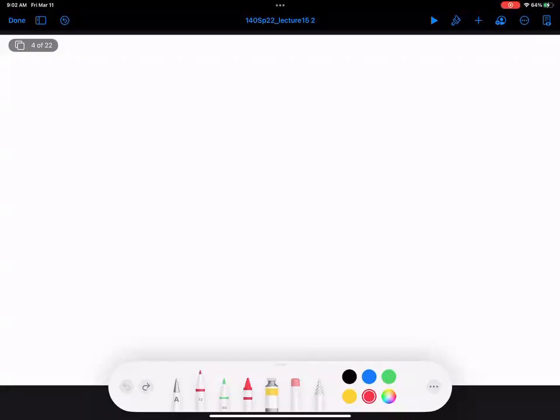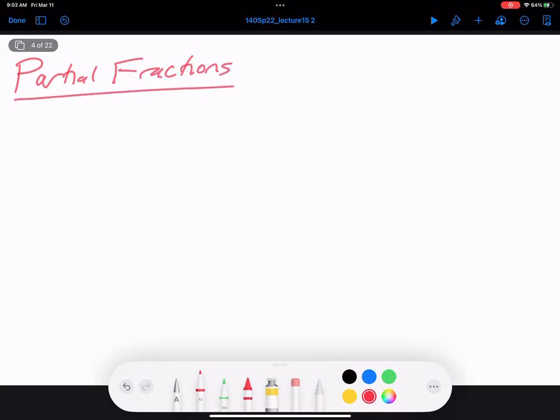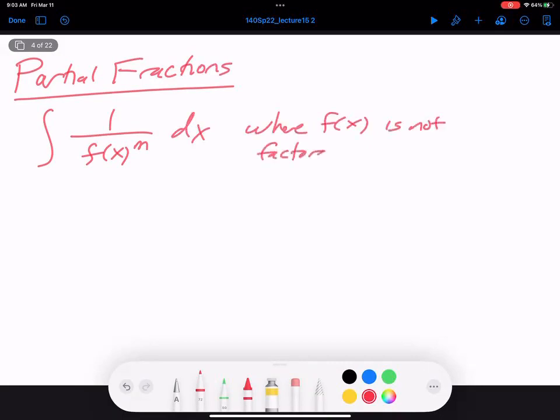So we want to figure out integrals over fractions. And the simplest fractions are going to be of the form specific partial fractions. So we want something of the form integral 1 over f of x to the m dx, where f of x is not factorable.